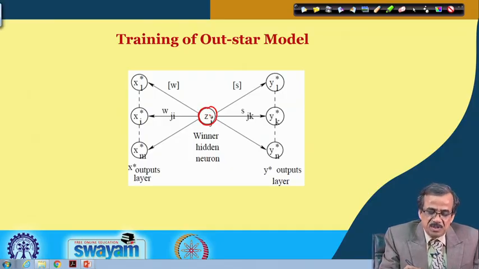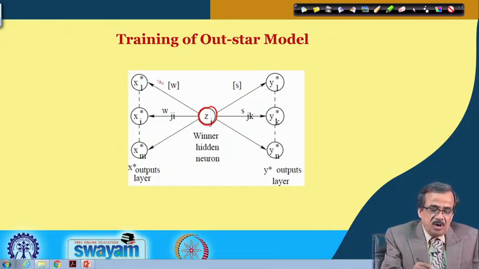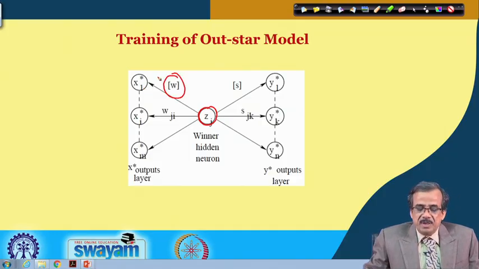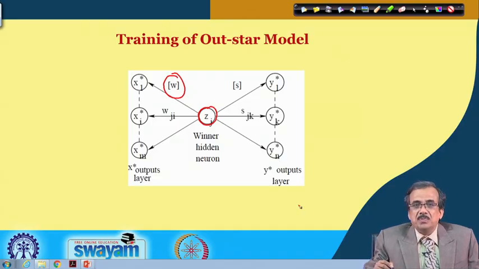Now, if you see the connecting weights between this winner lying on the hidden layer and this x star is denoted by w, and the connecting weight between the winner hidden neuron and y star, that is your output layer.